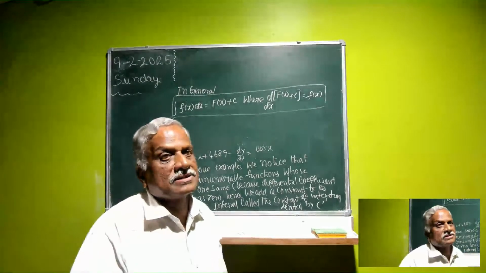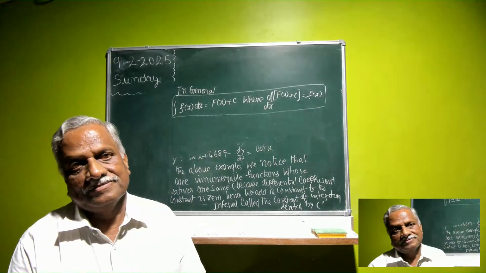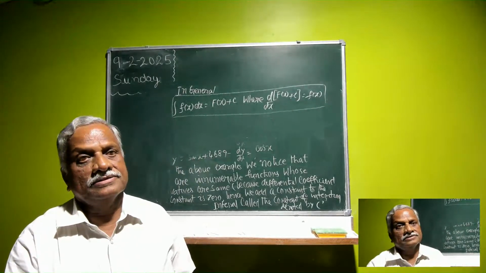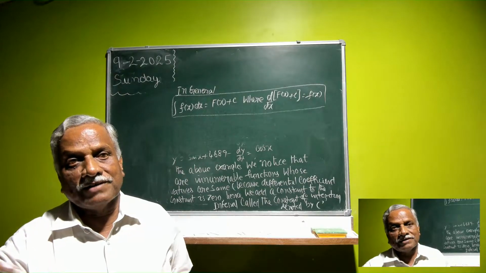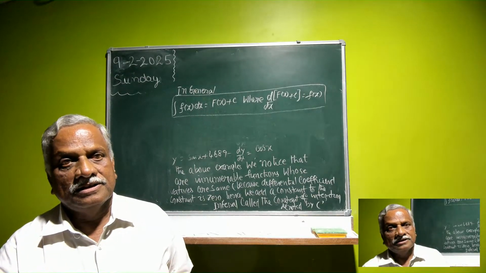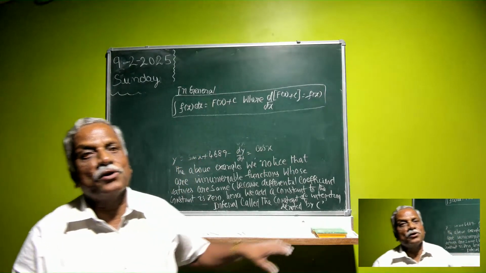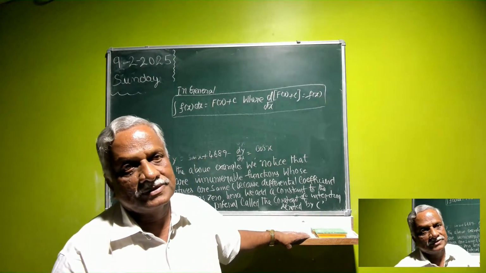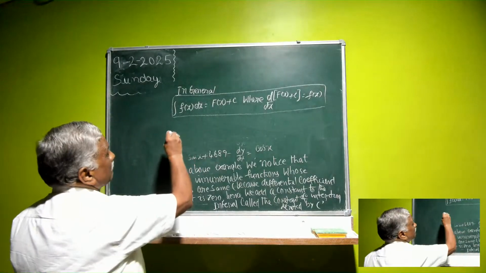Many students ask us, sir, why should we add a constant? The reason is that when you are differentiating, the constant disappears. Therefore, when we get an integral, we are not aware whether the constant was there or not. And you can just add one more word down.